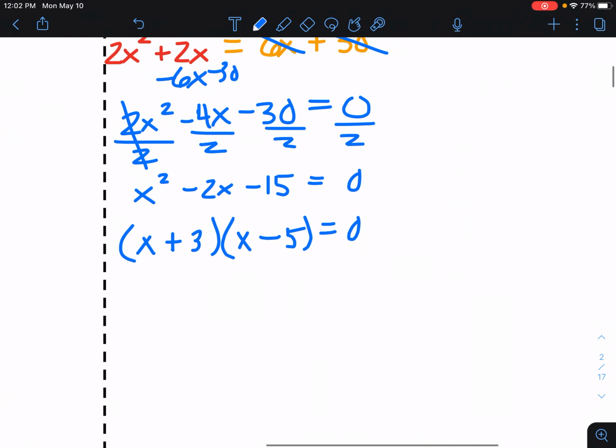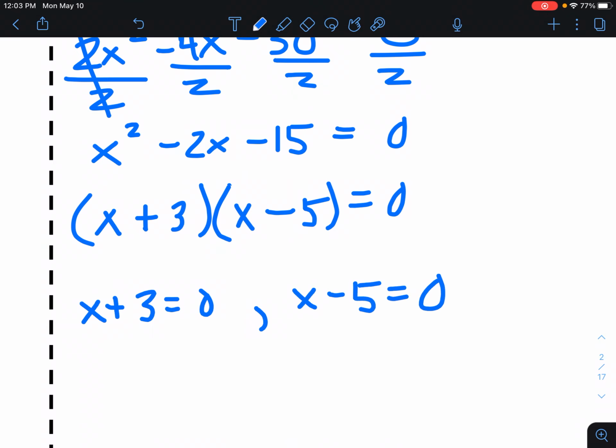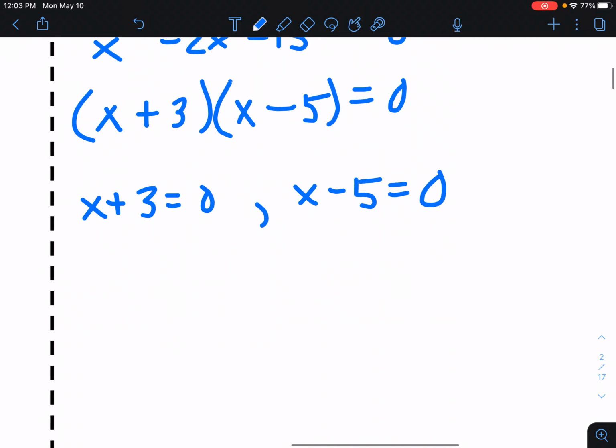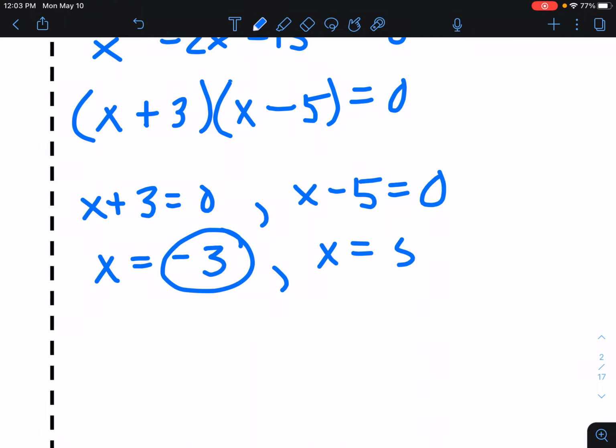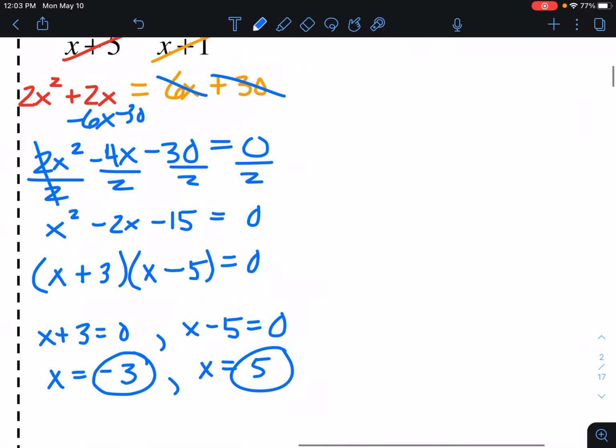So now I'm going to get my answers. I set each factor equal to 0, and then I can simply subtract 3 and the other one add 5. And I'm going to check my solutions.